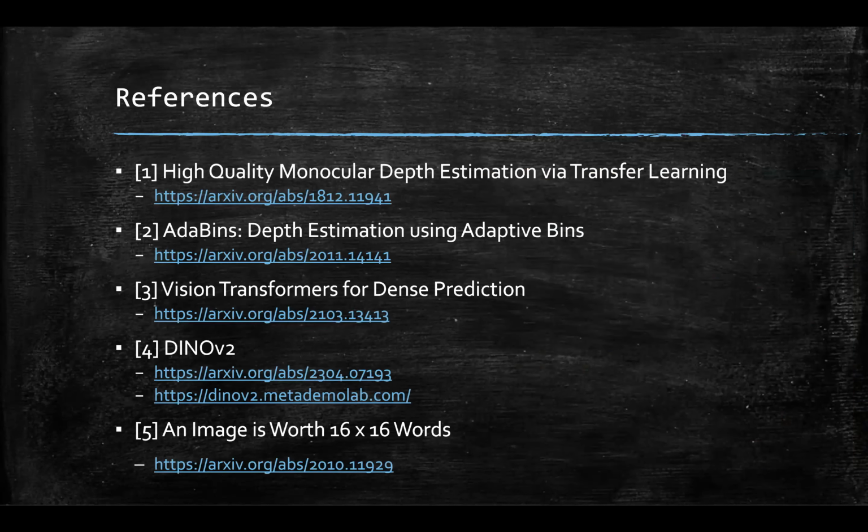Now, for the references, those first three references are the papers that we covered today. The fourth reference is the DINOv2 paper, but I don't have a prepared Colab notebook, because this DINO model is from 2023 and the GitHub is pretty fresh, so everything works out of the box, and they also have a really nice online demo for this model, so we can look at this.